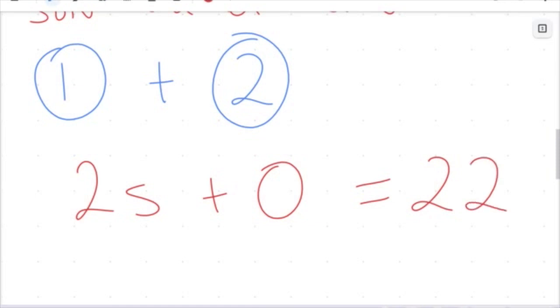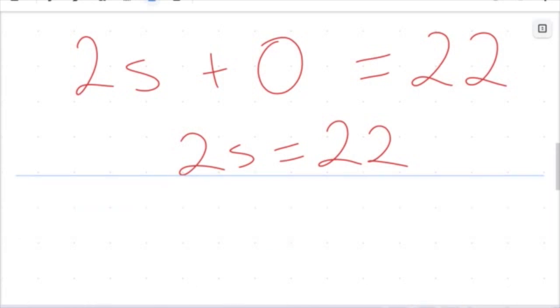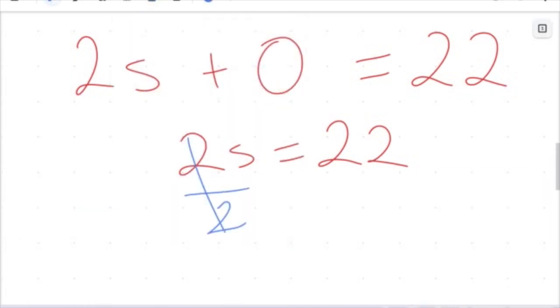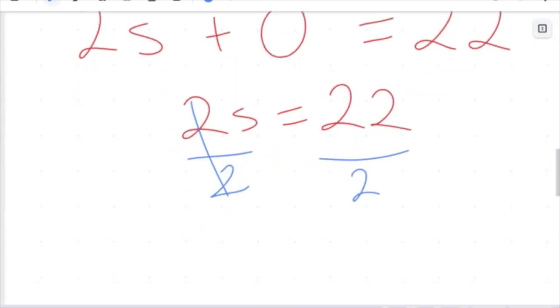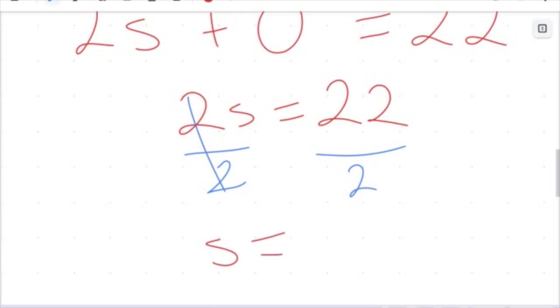Okay, so now I have here 2S equals 22, and from here I can just divide both sides by 2 to give me the value of S. So here S equals 22 divided by 2 gives me 11. So what is this S here again?